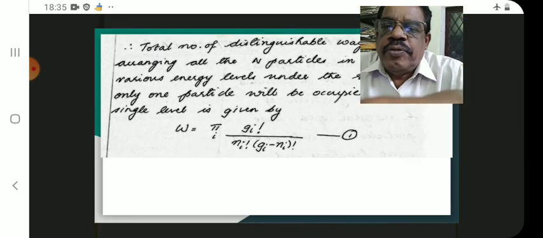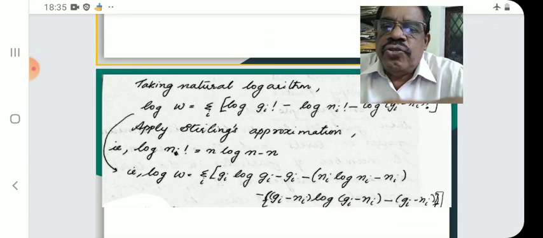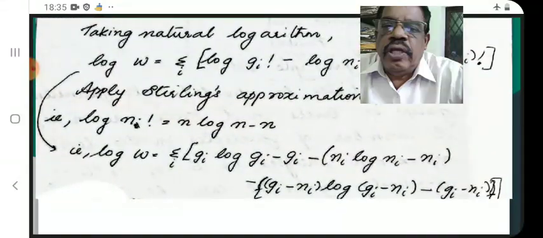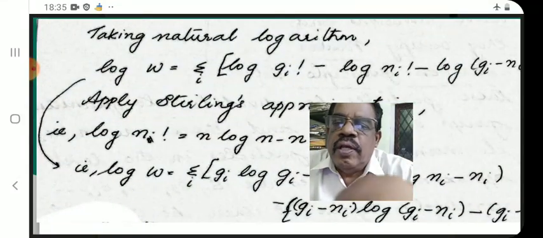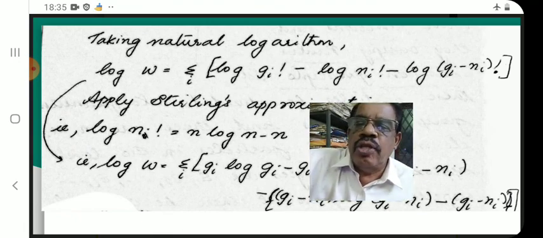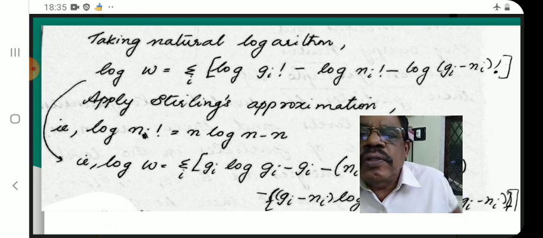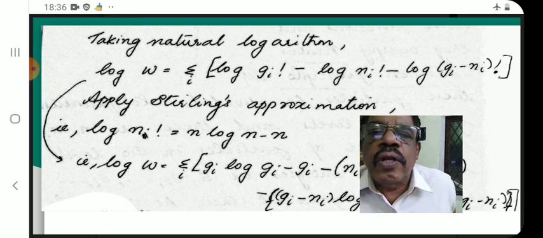And the remaining steps are similar to those in the Bose-Einstein distribution law or the Maxwell-Boltzmann distribution law. Same mathematical calculations. Take a natural logarithm. Log W is equal to sigma i of log Gi factorial minus log Ni factorial minus log (Gi minus Ni) factorial.